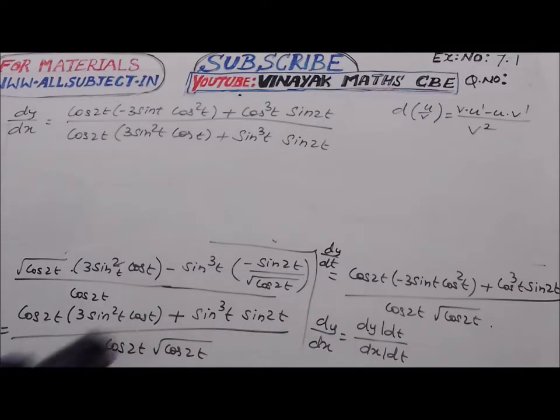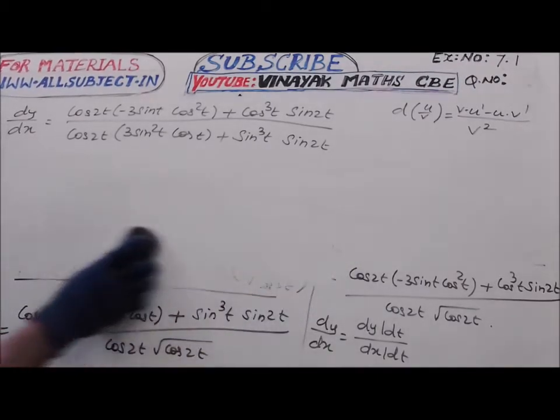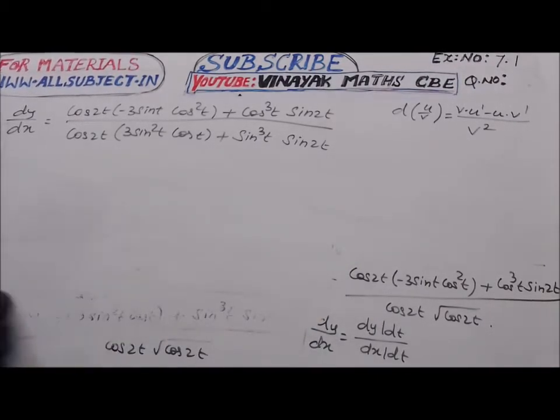Now substituting sin 2t as 2 sin t cos t and taking the common element.